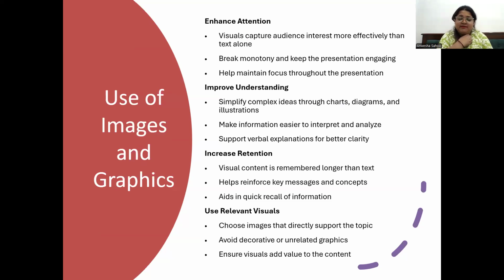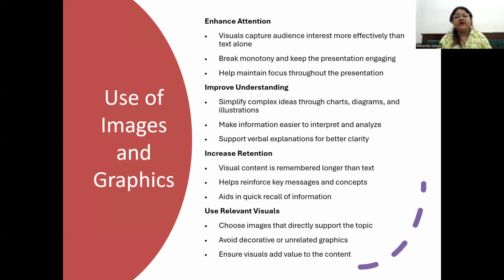So some usage of images and graphics will help the audience improve their understanding. It simplifies complex ideas through charts, diagrams, and illustrations. It makes information easier to interpret and analyze.